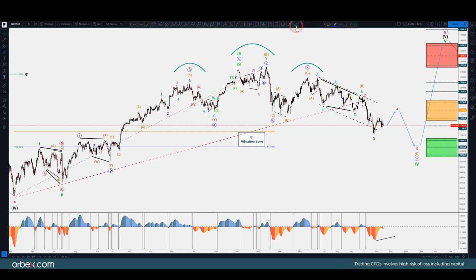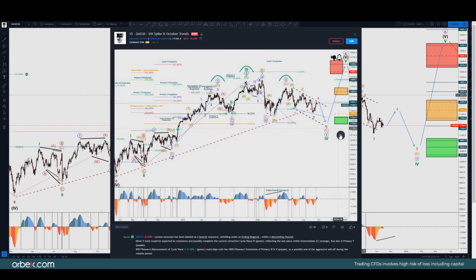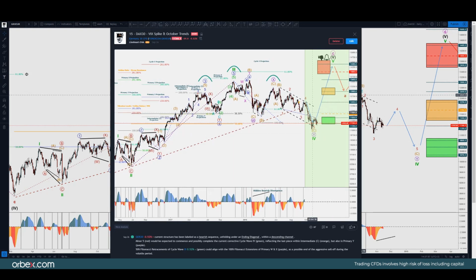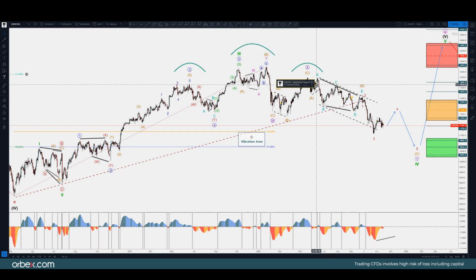Let's continue with the indices on the daily time frame right here. So I'm on the DAX, the daily chart, and I was actually present from the very top, saying that this could be coming towards this, and it did, all over again. Not only here, but here, here, all that.